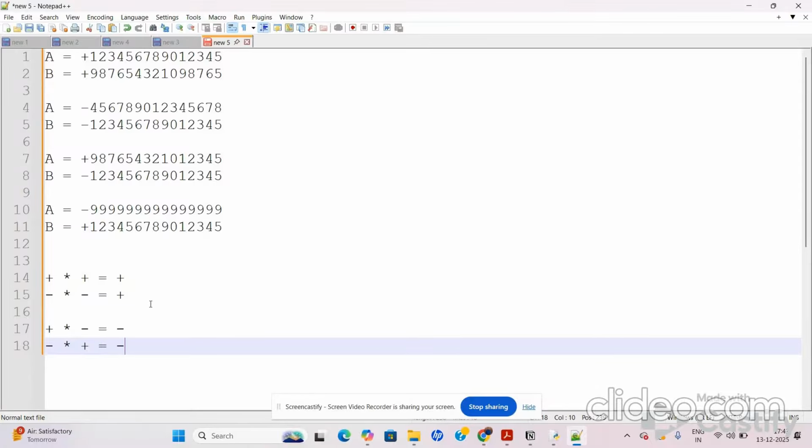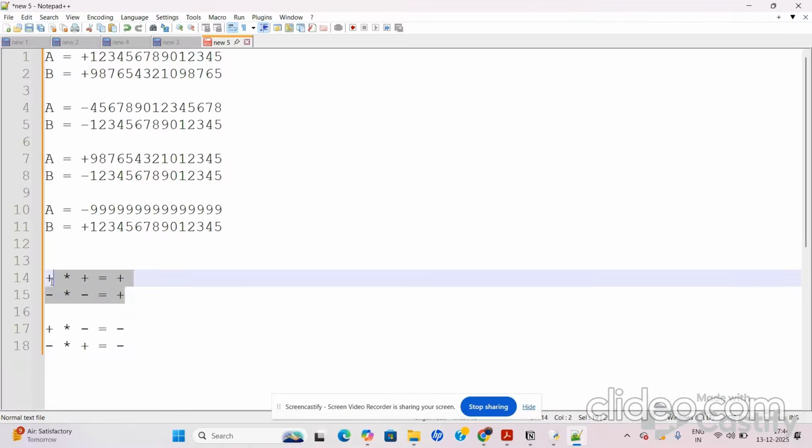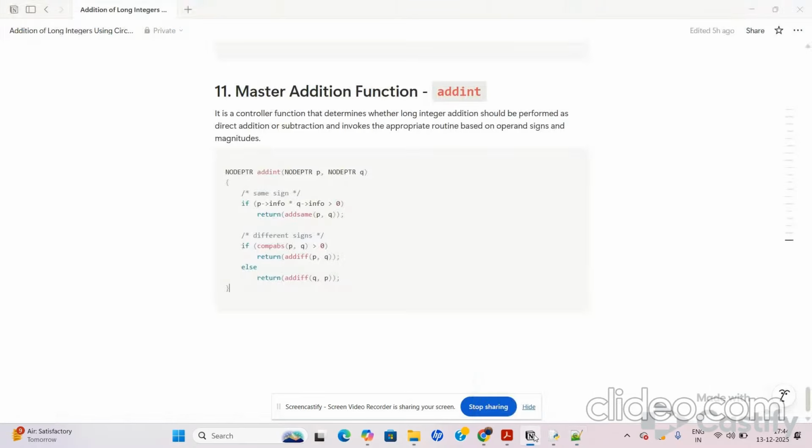So this way, if the result is greater than 0, it indicates that it's a positive sign, and that time you call the addsame function. In the other case, you call the addiff function only after the comparison. So addInt is your main function.